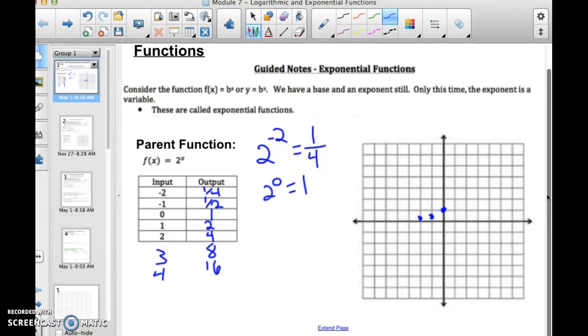You should notice a pattern now. It's going to start increasing at a greater rate. At 1, it's 2. At 2, it's 4. At 3, it's 8. And that's off the chart already. And then 4 and 16 somewhere up here.